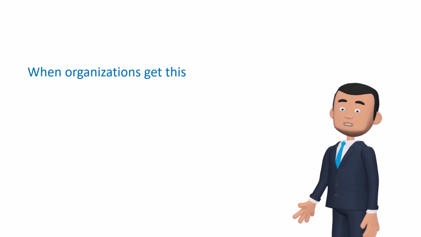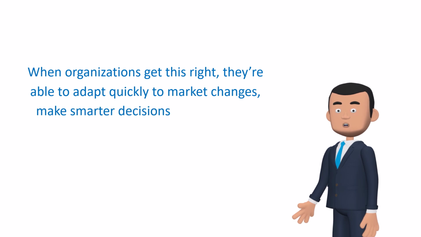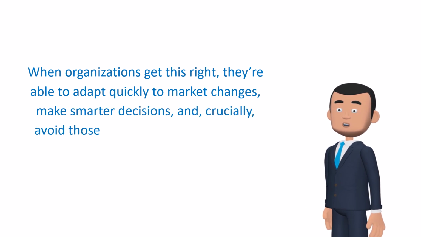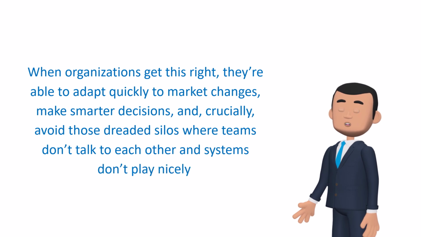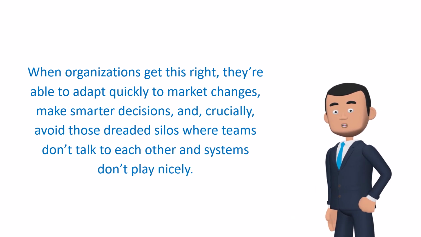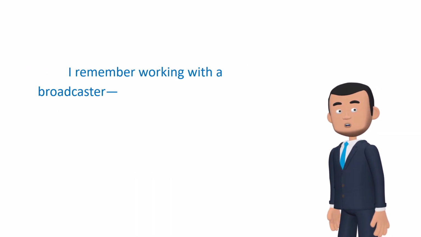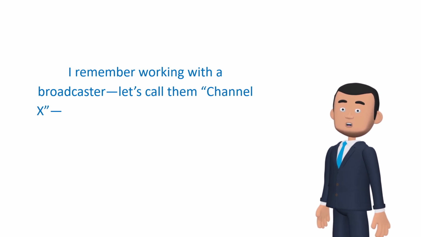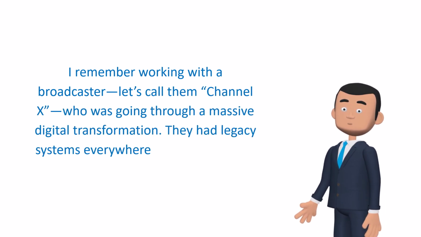When organizations get this right, they're able to adapt quickly to market changes, make smarter decisions, and crucially, avoid those dreaded silos where teams don't talk to each other and systems don't play nicely. I remember working with a broadcaster, let's call them Channel X, who was going through a massive digital transformation.